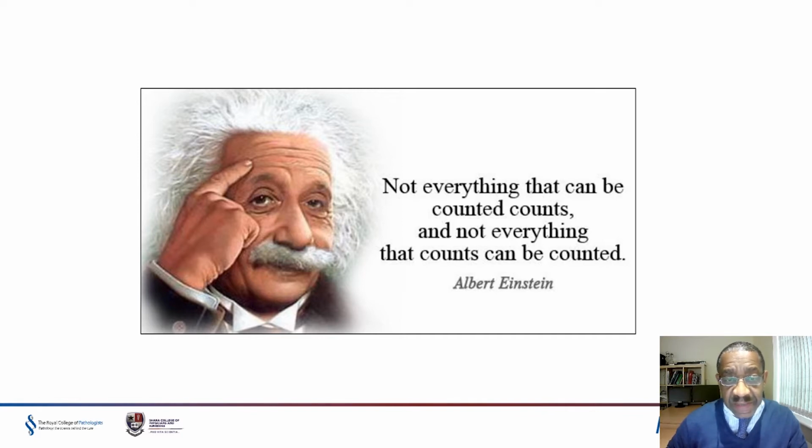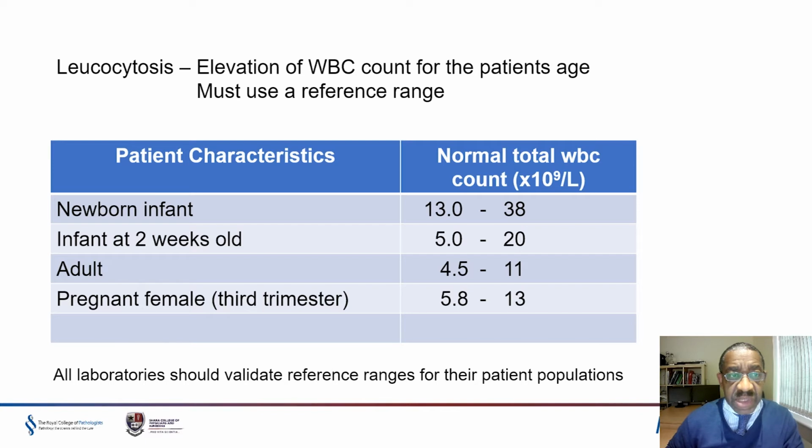Really interesting. Although we define leucocytosis as the elevation of a white cell count, we must remember that it must relate to the patient's age. As you can see in this table, the white cell count that is acceptable for a newborn infant is very different from that which is acceptable for an adult.